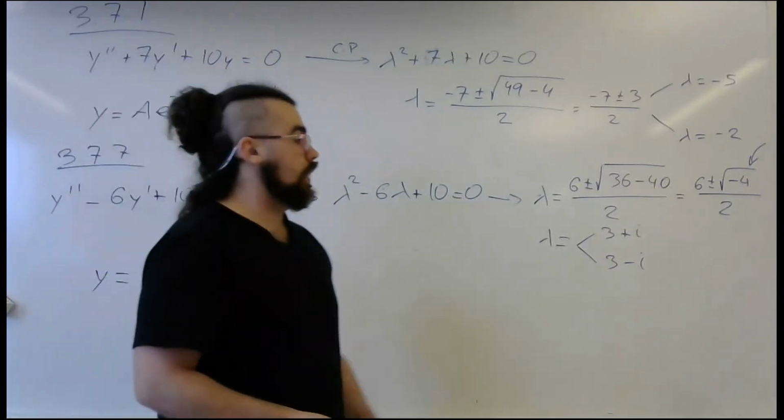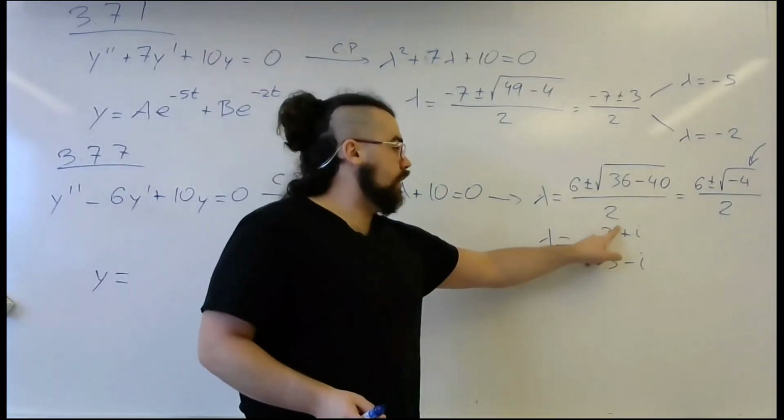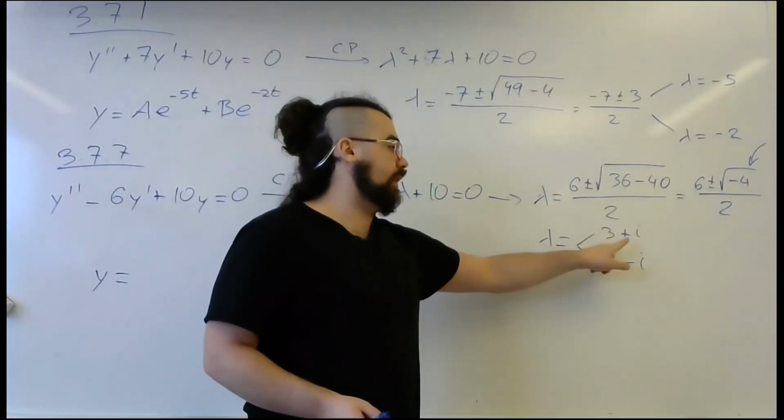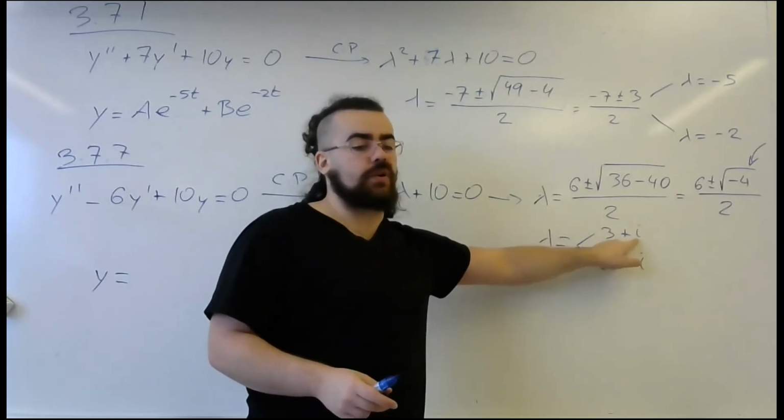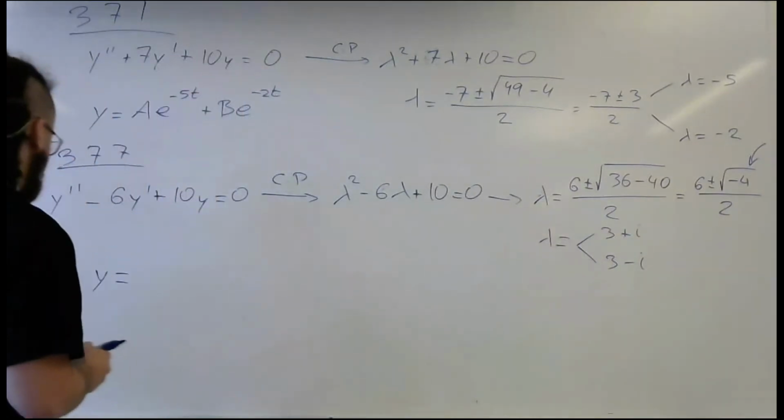So, the solution to this is e to the power t times the real part, times a linear combination of sine and cosine of t with the imaginary part.